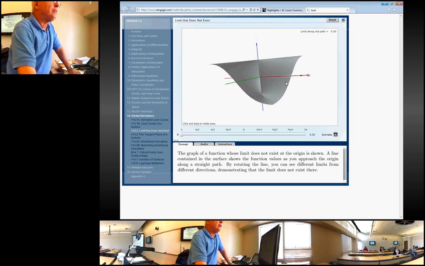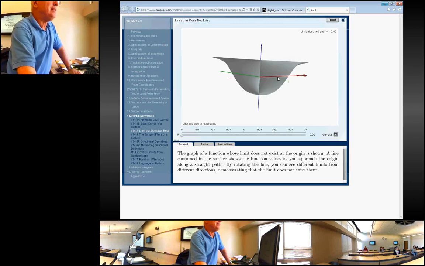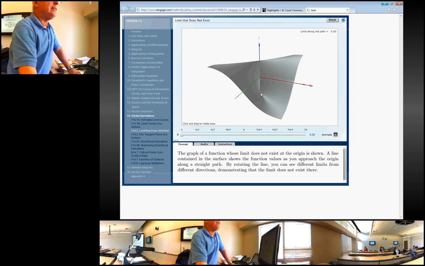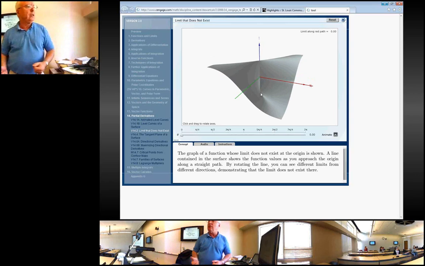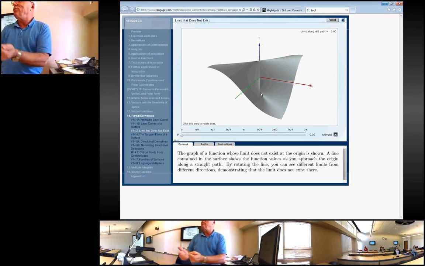Okay, here's our, let me rotate this thing around. So this is our function. If you're able to see this, it kind of goes in, and then it's like you're folding, like when I'm trying to wrap Christmas presents, it all gets kind of jagged.